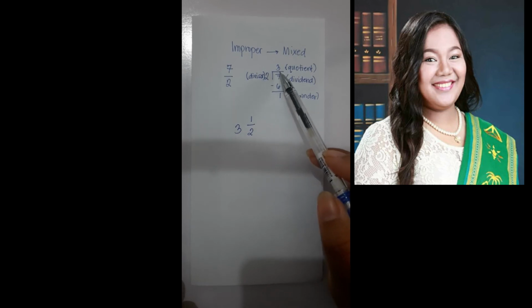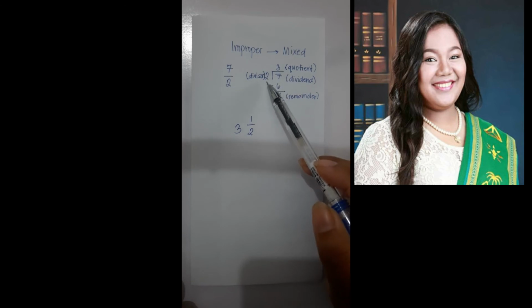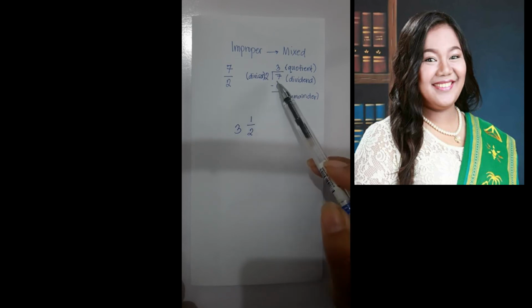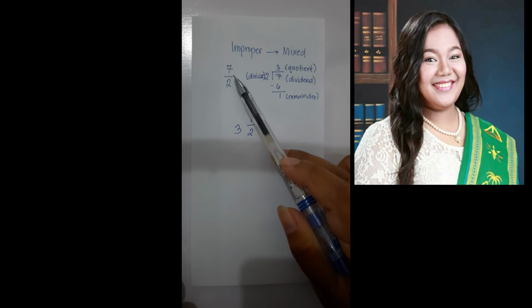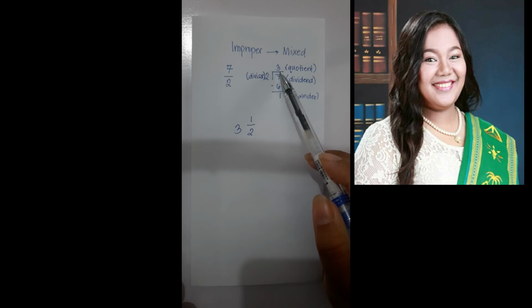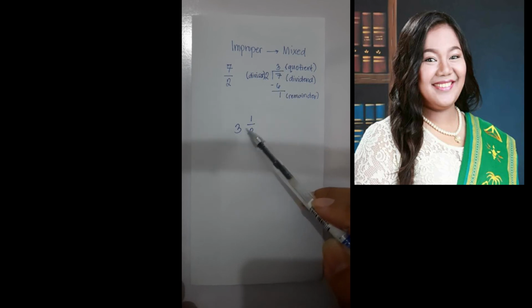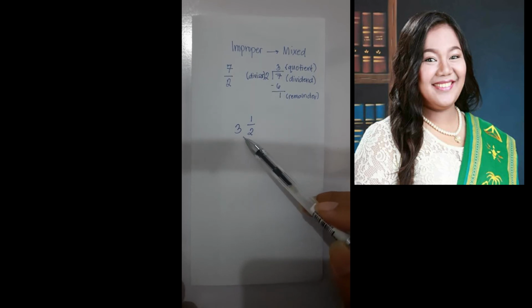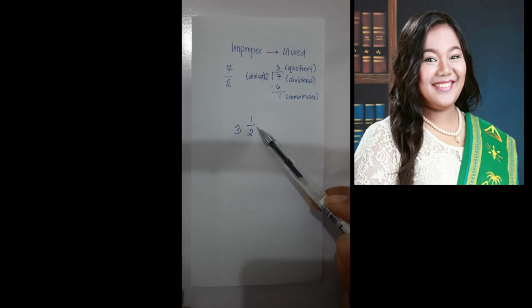So we have our quotient, which is 3, our divisor, which is 2, which is our denominator, our dividend, which is 7, which is our numerator, and we have 1 as our remainder. And how are we going to write that as a mixed number? We will use our quotient as our whole number. We will use our remainder as our numerator, and we will retain our denominator, which is our divisor. So we have 3 and 1/2.